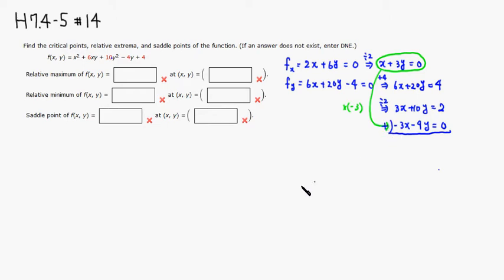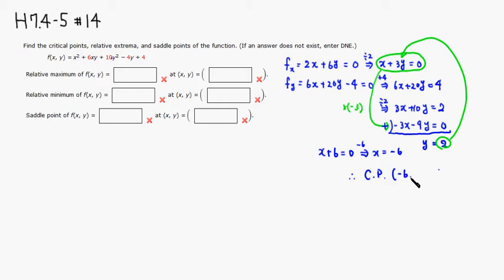So y is equal to 2. If y is 2, we can plug it back in here: x plus 3 times 2, which is 6, equals 0. We subtract 6, so x equals negative 6. Therefore we have a critical point, which is negative 6 comma 2.